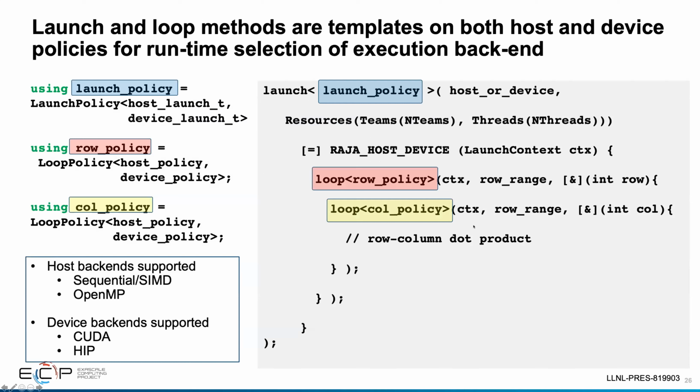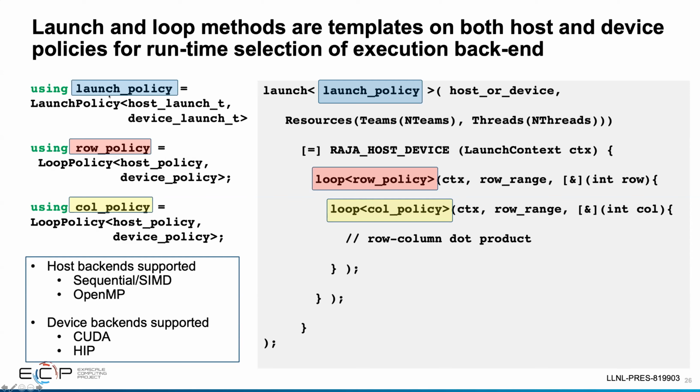So like other RAJA constructs, policies are used to choose how the code will be executed. The launch and loop methods differ from other RAJA constructs, as they now take both a host and device policy. And by taking both a host and device policy, this enables the API to have 2 versions of the code ready, so developers and users can choose between running the code on the host or device at runtime. This is illustrated here on this particular slide, where we highlight the different policies.